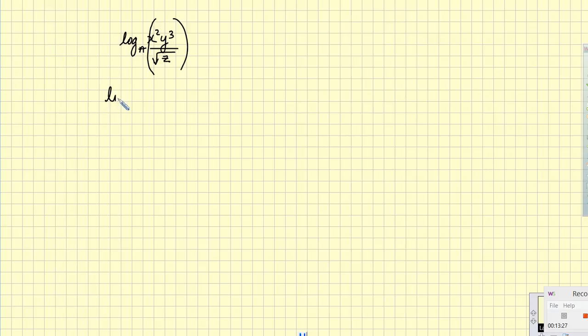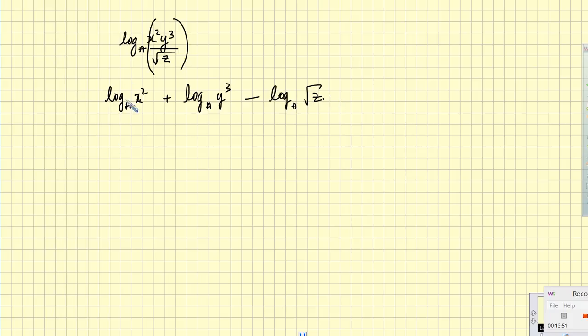So when I'm separating this, it's log base a of x squared plus log base a of y cubed, minus the log base a of z. Now, it's z to the 1/2, because the log base a of root z would be like this.